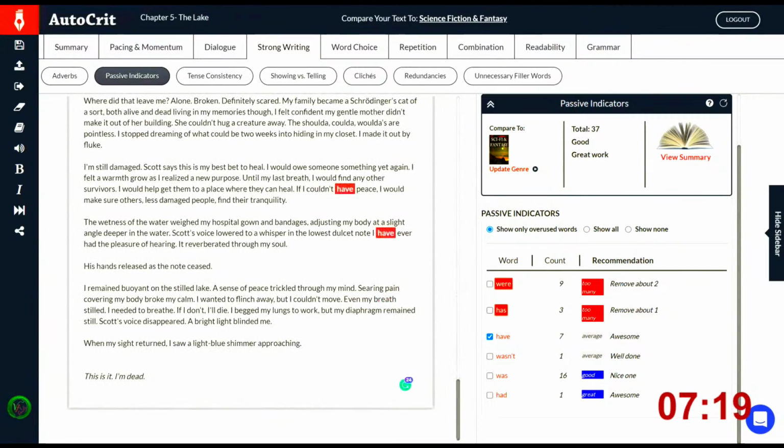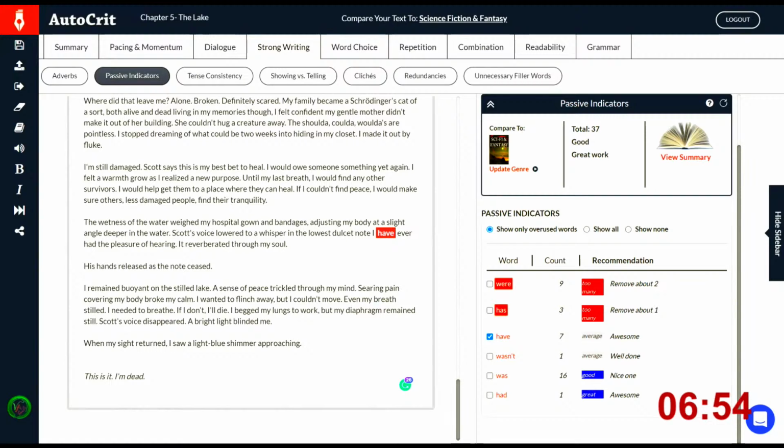All right. If I couldn't have peace, I would make sure others, less damaged people, find their tranquility. If I couldn't find peace. Find peace. I would make sure other less damaged people find their tranquility. That we'll probably deal with later, but we'll see. All right.